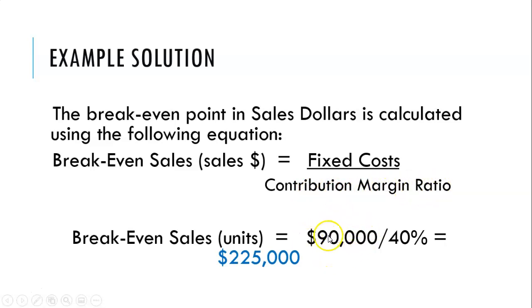So here we have the fixed cost of $90,000 on the numerator, but on the denominator, instead of the $10, we're using the 40% contribution margin ratio. So 90,000 divided by 40%, or 0.4, is 225,000. So we need to have $225,000 in sales to be able to break even.